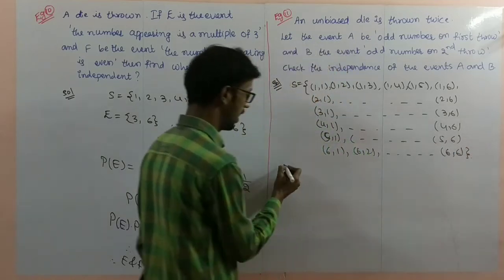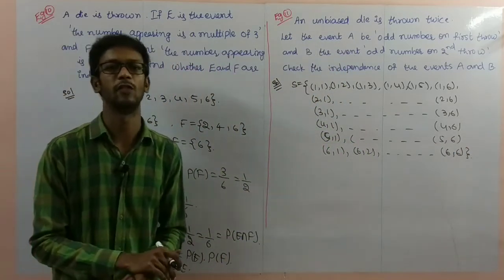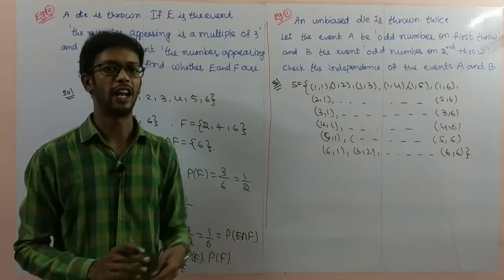These are the total outcomes of the experiment, throwing a die twice.